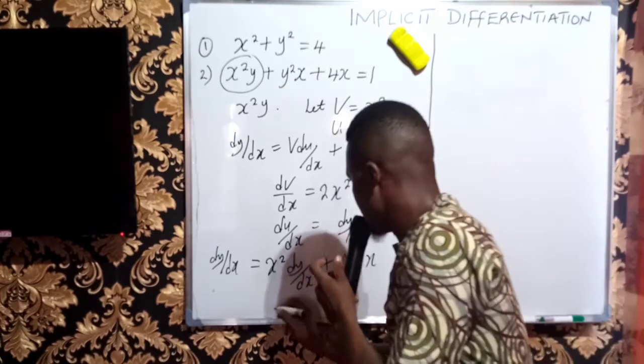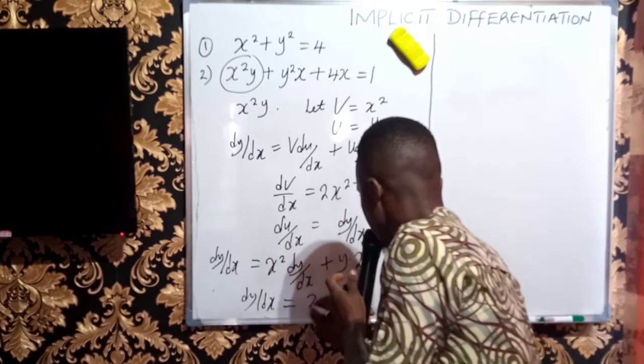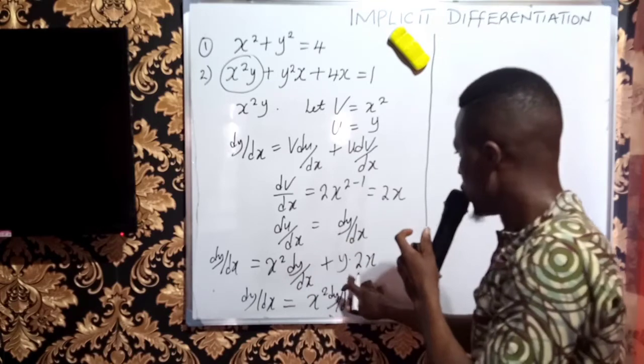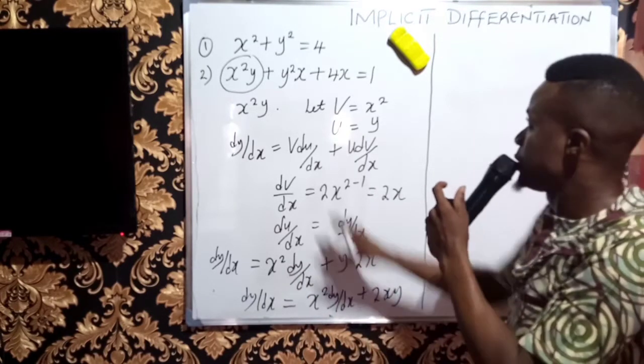So at the end of the day, dy/dx is now equivalent to x squared dy/dx plus y times 2x is 2xy. I'll keep it for this term.